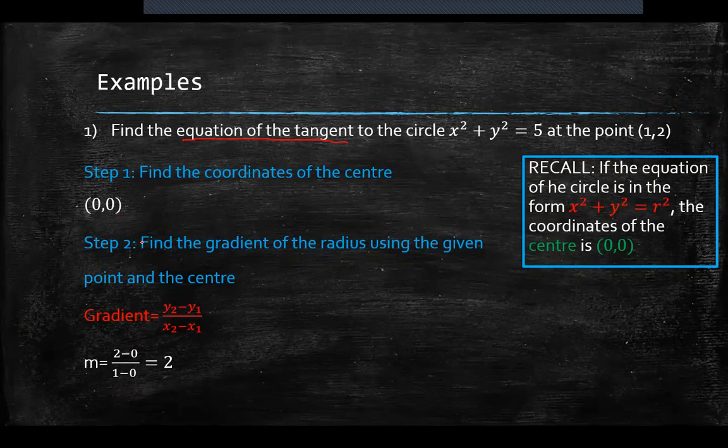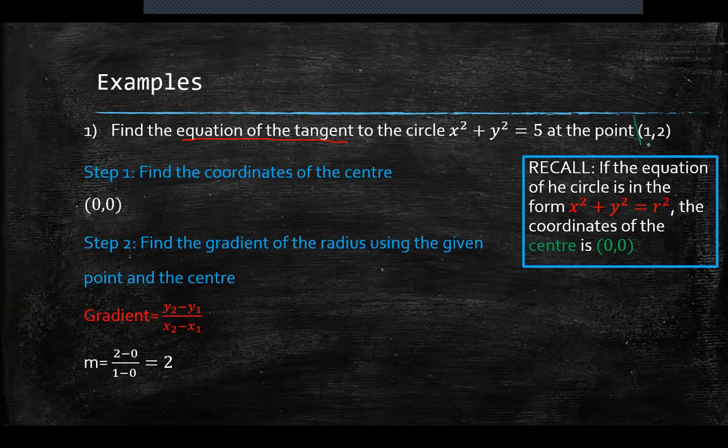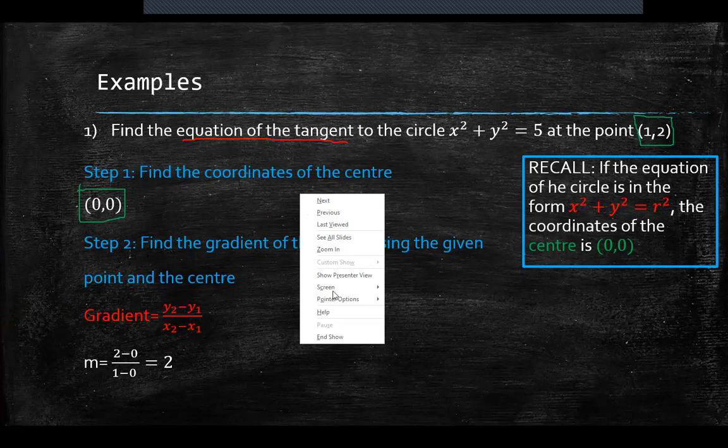The center is the origin. Next step, we need to find the gradient of the radius using the given point and the center. So look up here. The given point is (1, 2). Center is (0, 0). And we're trying to find the gradient of the radius.